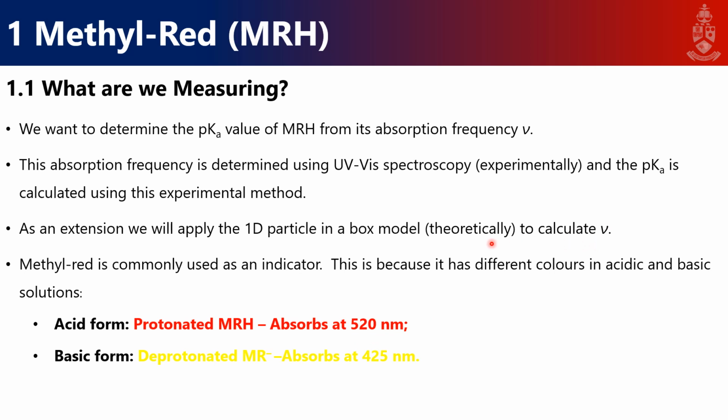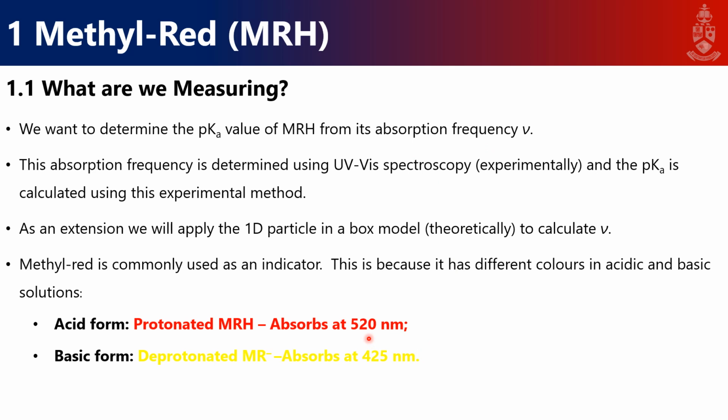Okay, and the reason this works well is because methyl red is a commonly used indicator. Methyl red is red in the protonated form, so in its acidic form, and in its basic form it is deprotonated and yellow. In these two different forms, it absorbs at two different wavelengths, in other words, two different absorption frequencies.